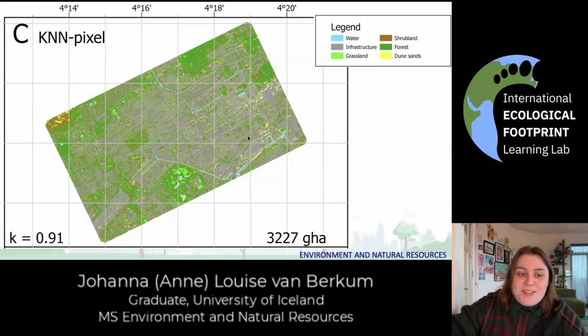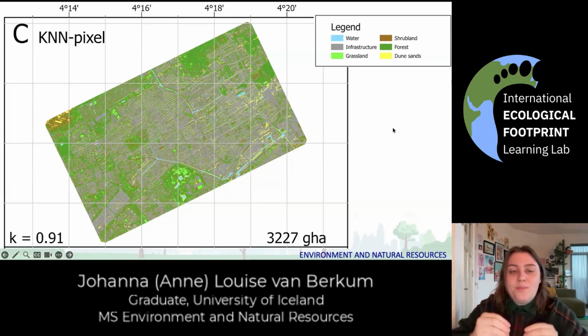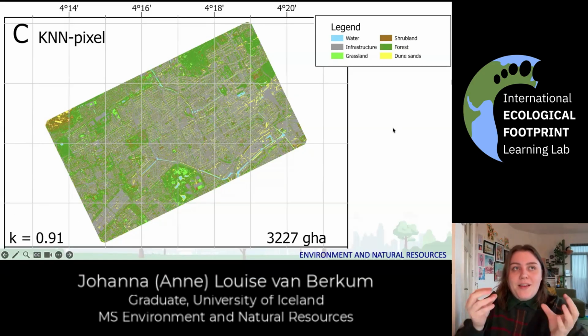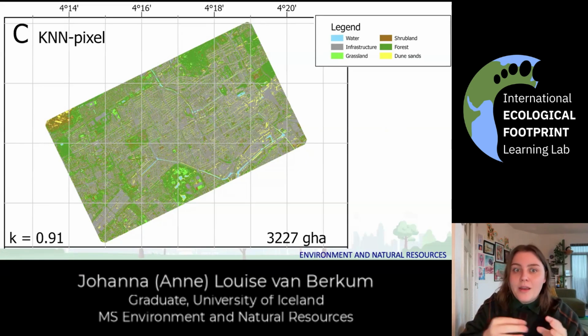The interesting part, of course, is that this has a very high accuracy score. And this is mainly also because the validation polygons that are used to get this score need to be placed in areas where the blob is homogeneous.